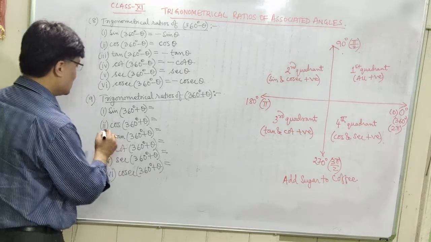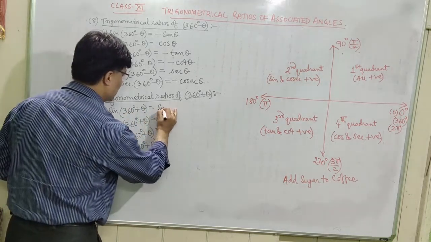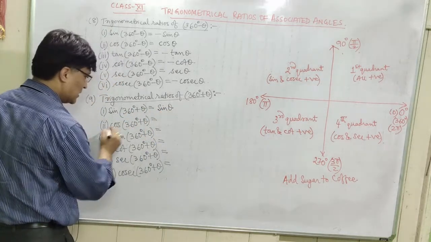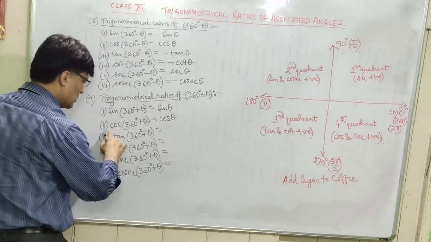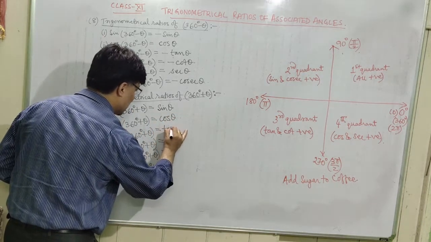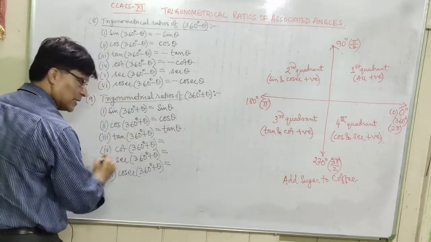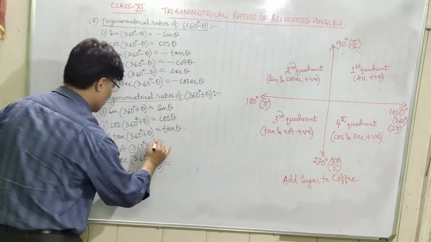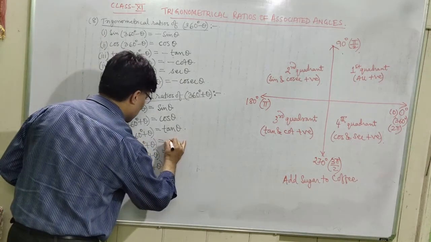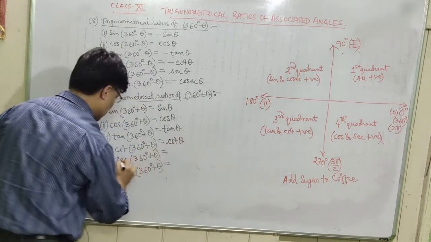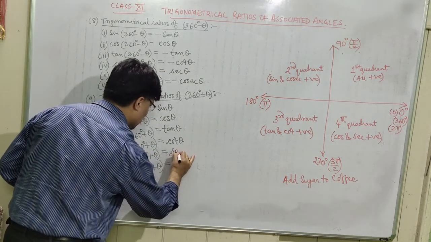So trigonometrical ratios do not change. What is the formula for sine 360 degree plus theta? Sine theta. What is cos 360 degree plus theta? It is cos theta. What is tan 360 degree plus theta? It is tan theta. What is cot 360 degree plus theta? It is cot theta. What is sec 360 degree plus theta?